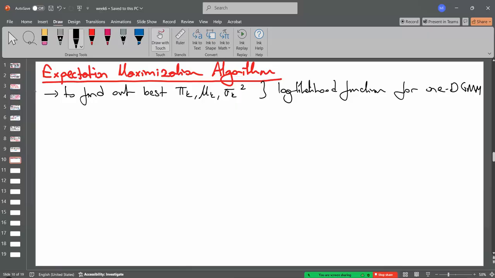This is just a kind of energy function: L is equal to the sum over i from 1 to N of log of the sum over k from 1 to K of pk times N(xi | mu k, sigma k square).